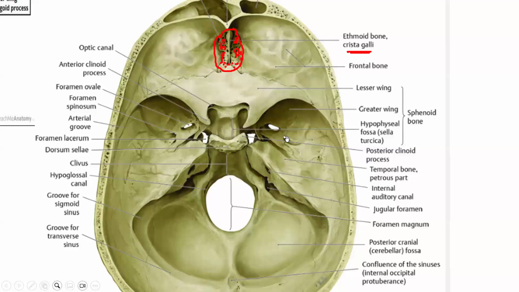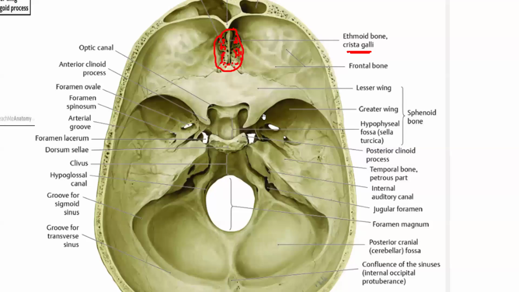This foramen is known as foramen spinosum. So this is ovale, this is spinosum. On the medial side, we have a big foramen, which is known as foramen lacerum. Okay. So there are very important structures which are associated with this foramen lacerum. We'll read it. Foramen ovale, foramen spinosum, and here we have the foramen rotundum, which is not very clear here, but I can show you in another view.